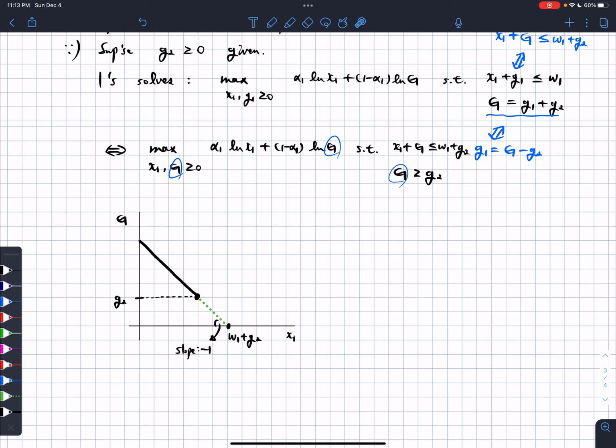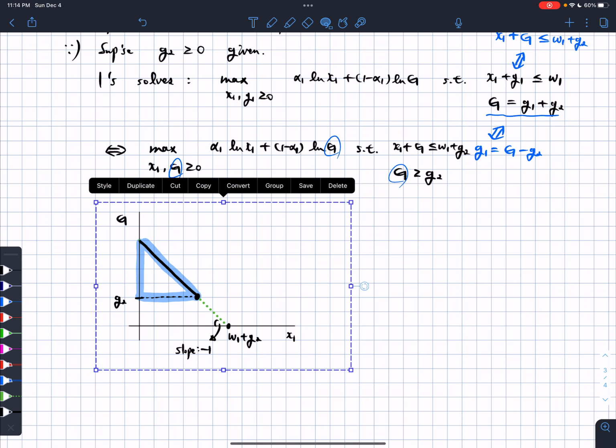Okay, so the budget constraint is really this much triangle. And then other than this fact, the utility maximization is as usual, right? I need to draw many indifference curves and check where the indifference curve representing this utility function is tangent to this budget line. And there are actually two cases.